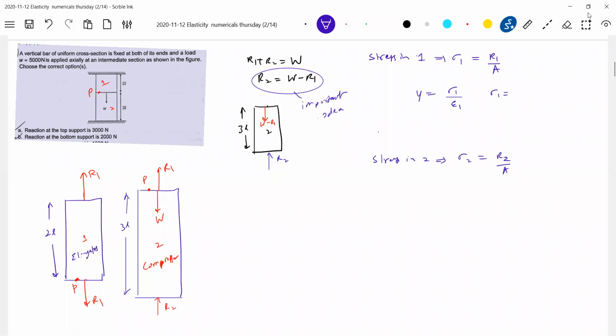So the strain is sigma 1, R1 by A times E, and this will be elongation delta L1 by 2L. Therefore, what is delta L1? Delta L1 equals 2 R1 L by AY. This is the elongation in section 1.